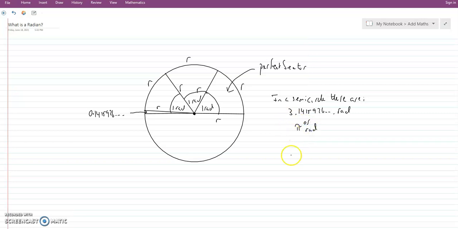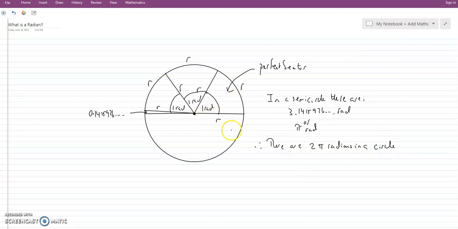This is what we mean when we say there are pi radians in a semicircle. Therefore, in a full circle, there are 2 pi radians.